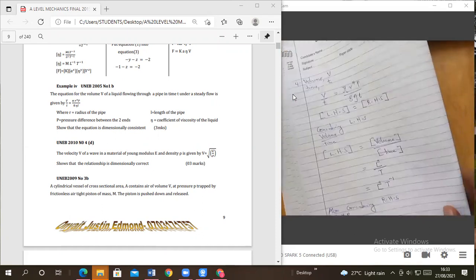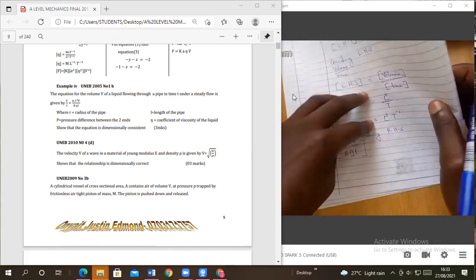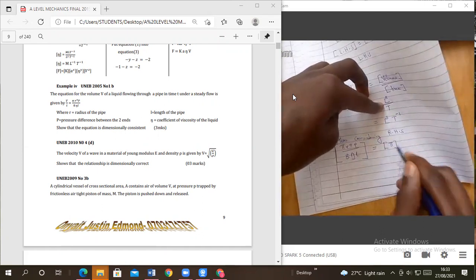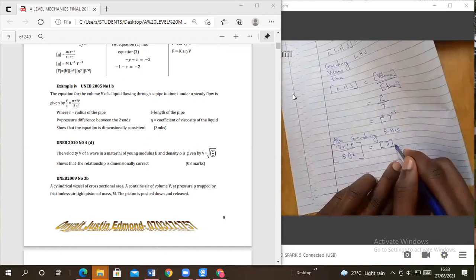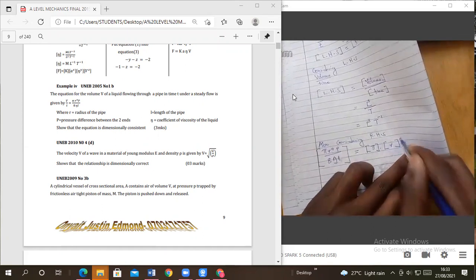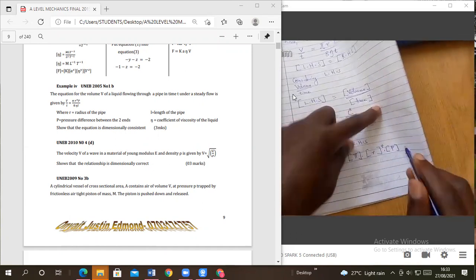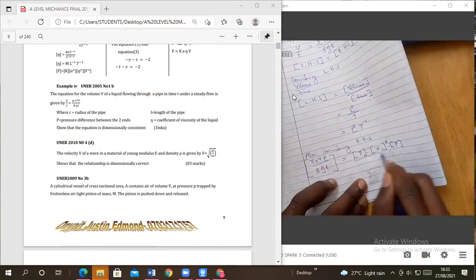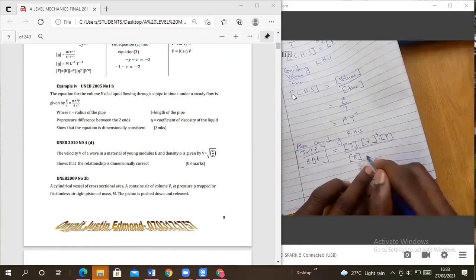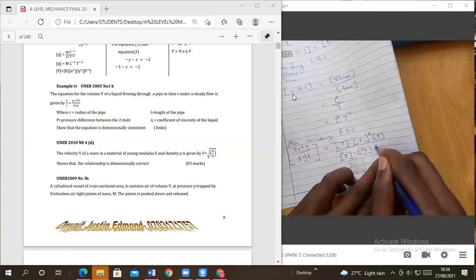The dimension of that will be equal to the dimension of pi, then the dimension of r to the power 4, then the dimension of P, divided by the dimension of 8, times the dimension of eta, times the dimension of L.